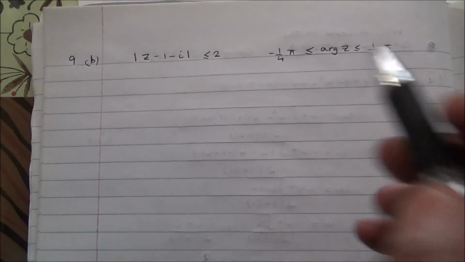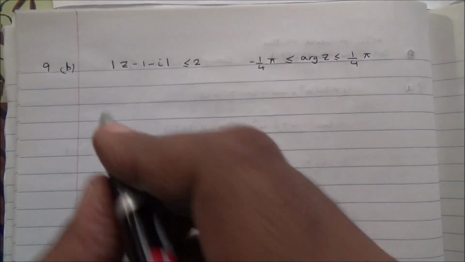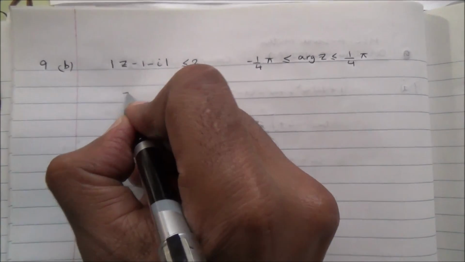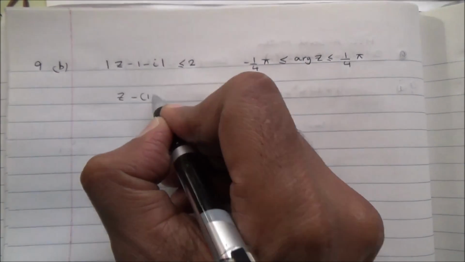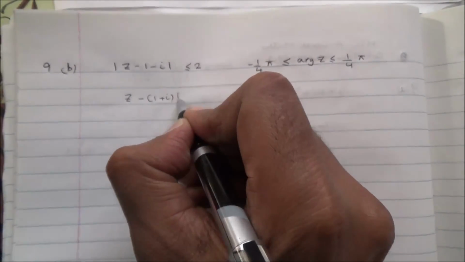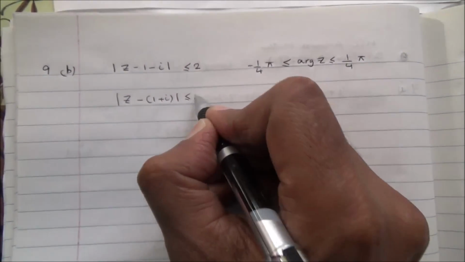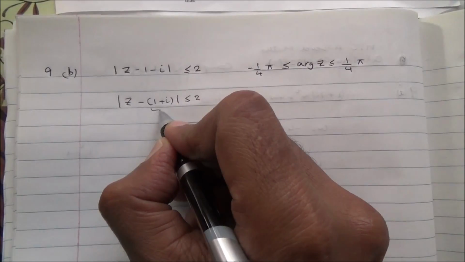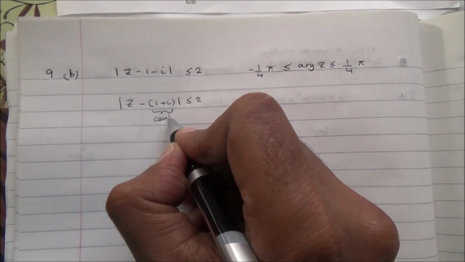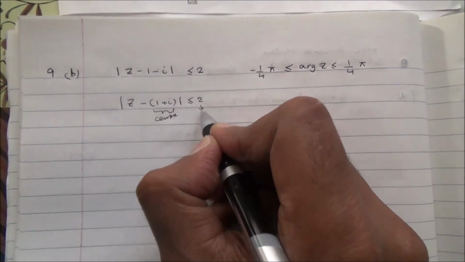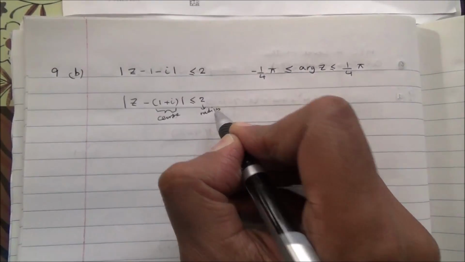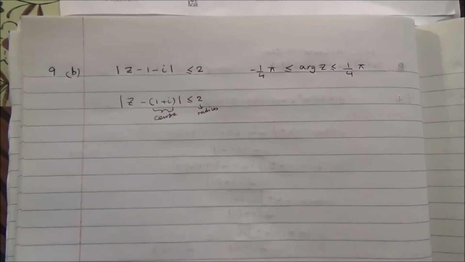So we need to sketch this on an Argand diagram. First of all, this can be rewritten as modulus of z minus (1 plus i) less than or equal to 2. Basically, this is the center and this is the radius. So we are dealing with a circle here.